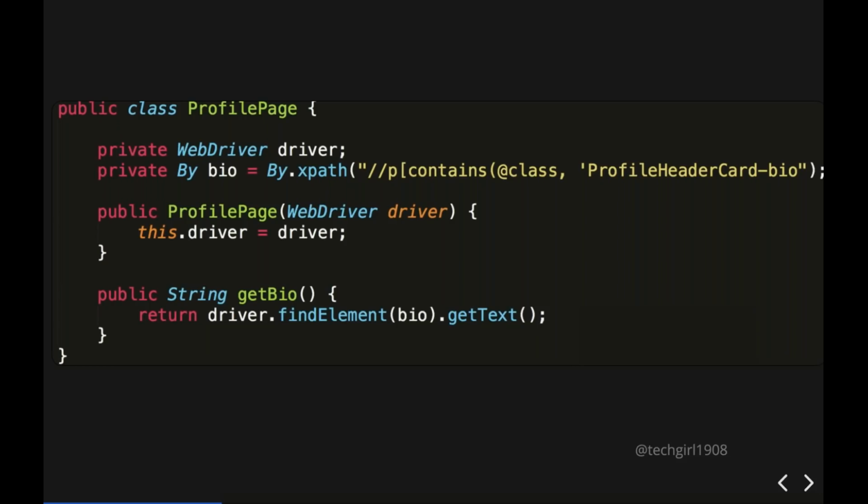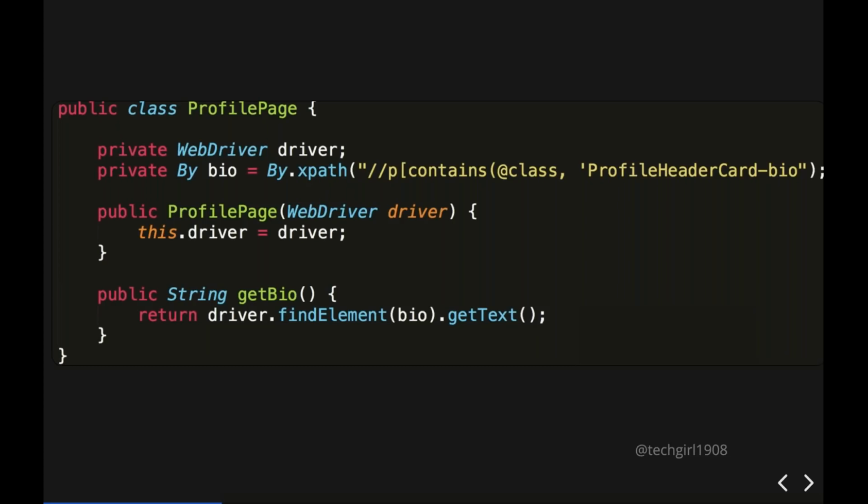Well, you don't want to expose things like this bio web element, this By locator and all of that to your test, because if you expose it, then you are essentially allowing a test class to have access to that and bring that level of information down to the test layer, which is discouraged. It'll be a code smell if they did.